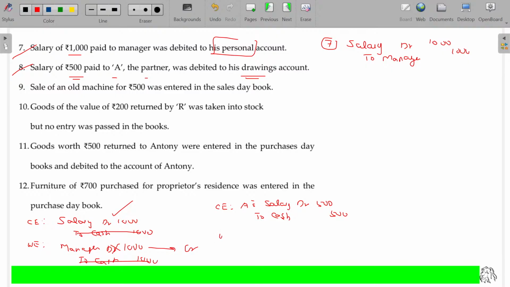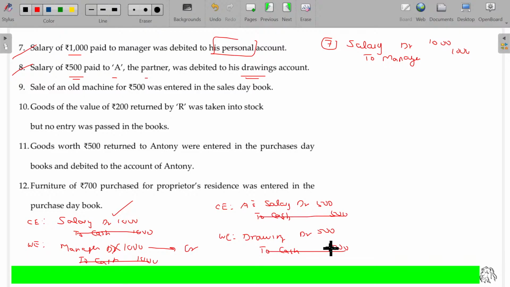What is the wrong entry? Drawings account debit to cash, which is not having any error.